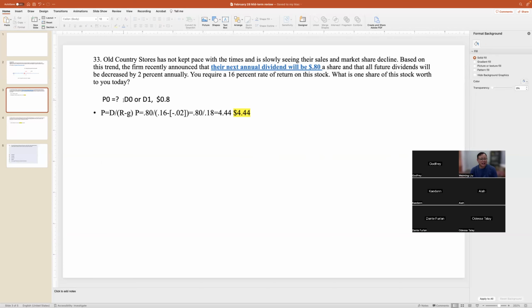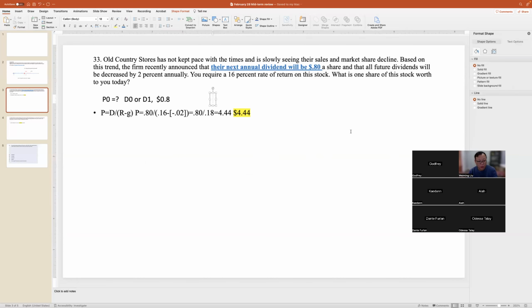Okay, so with that information, this question is pretty straightforward, right? You are using a formula for this model. So the model would be P0 equals D1 divided by R minus G, right? What's your D1? We just said it's 0.8. And what's your R, required rate of return? 0.16, right? Minus, what's your growth rate?